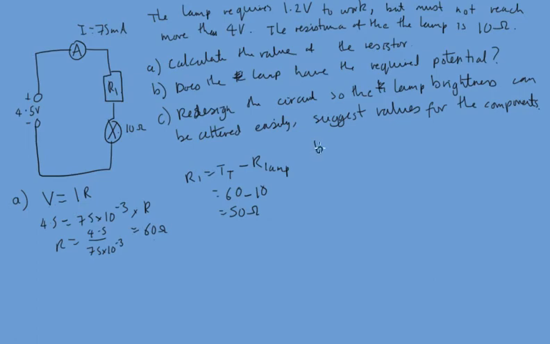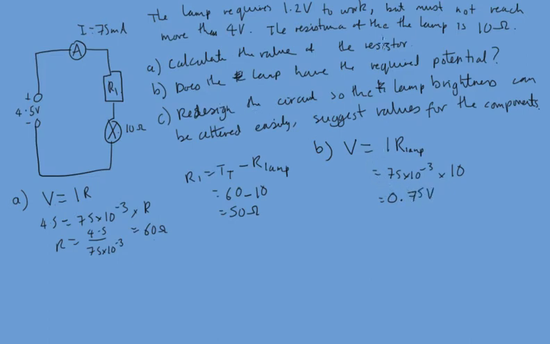Does the lamp have the required potential? So now we can use Ohm's law again to calculate the potential over here. So the current's the same, but now we're going to use the resistance in the lamp. So I is 75 times 10 to the minus 3. The resistance is 10, so the voltage is 0.75 volts.